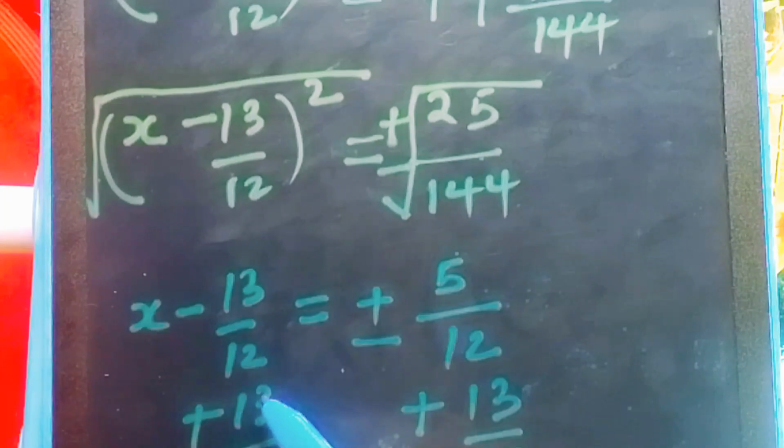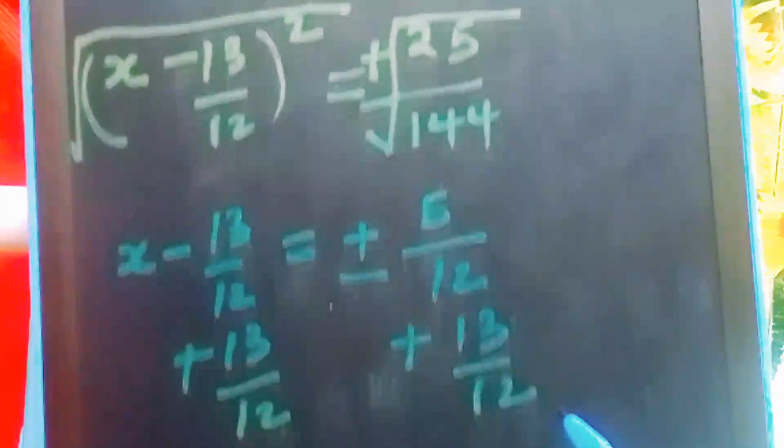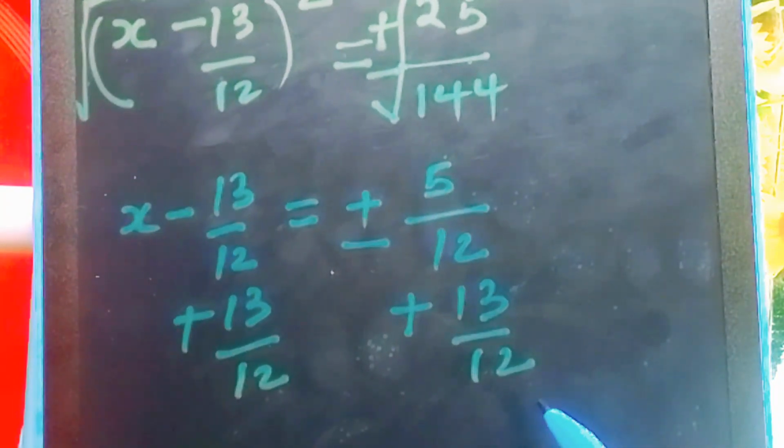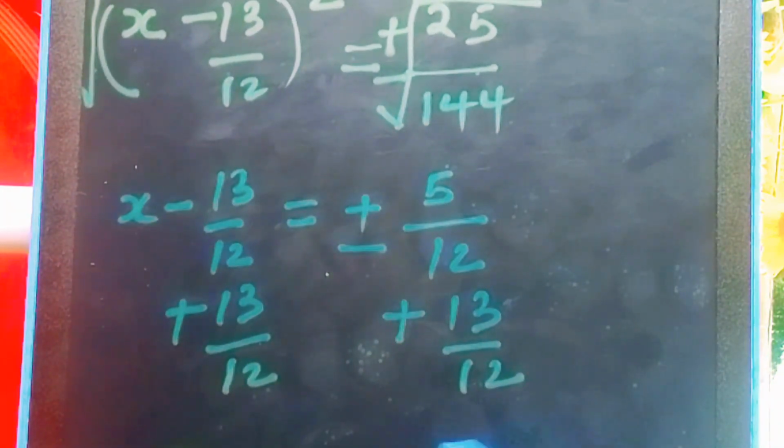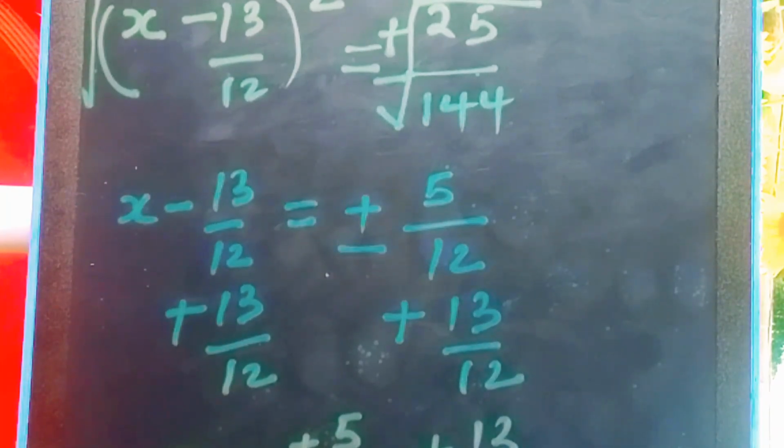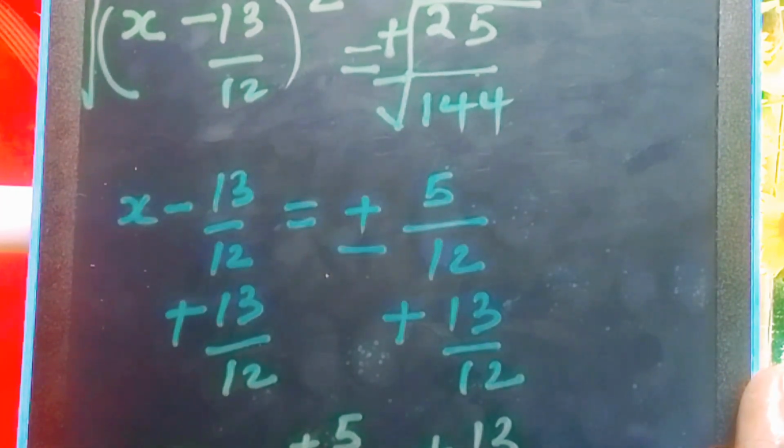So negative 13 over 12 plus positive 13 over 12, that is x, is what we're going to be left with. The second side, we are going to have 5 over 12, which is a plus or a minus, and then we are going to have plus 13 over 12 there. So that is what we are going to have.